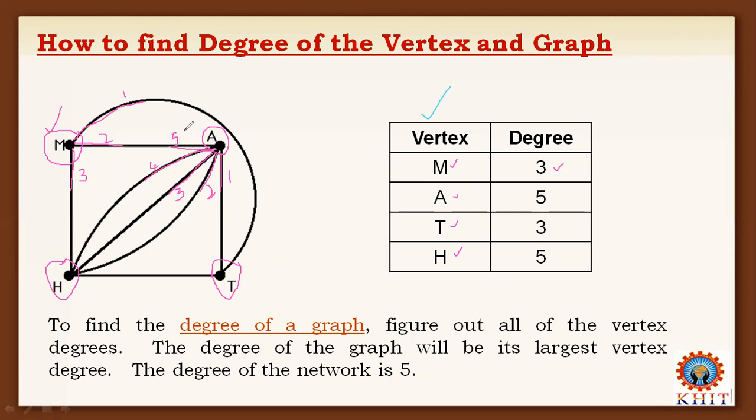So the degree of vertex A is 5. The maximum degree of vertex A that can be generated from the given graph is 5.